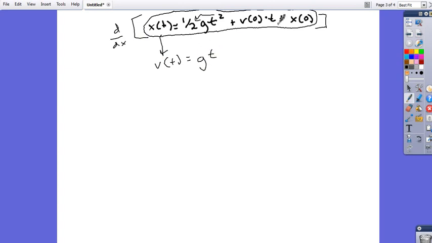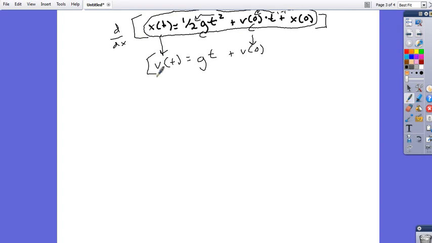Power rule, 1 minus 1 is 0, so t's gone. So this is just a constant. Those are just numbers. So that constant comes down. You don't have to memorize that velocity function because calculus. You just take the derivative of the position function, you have the velocity function.